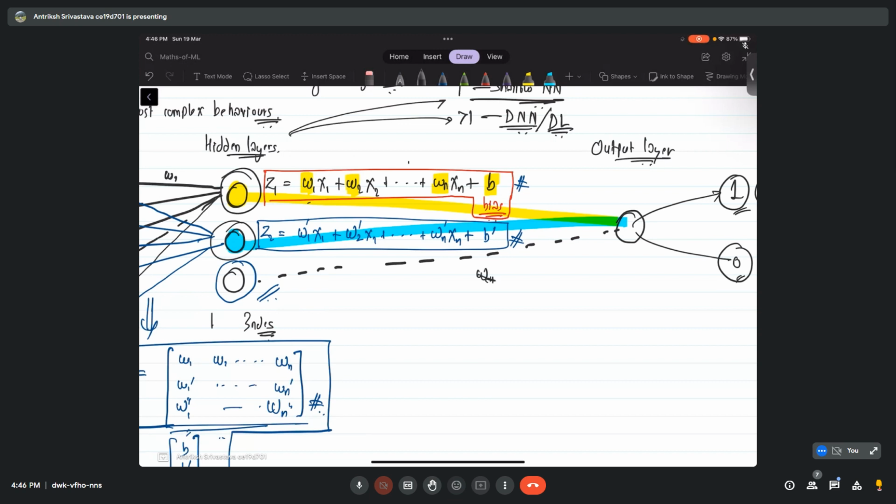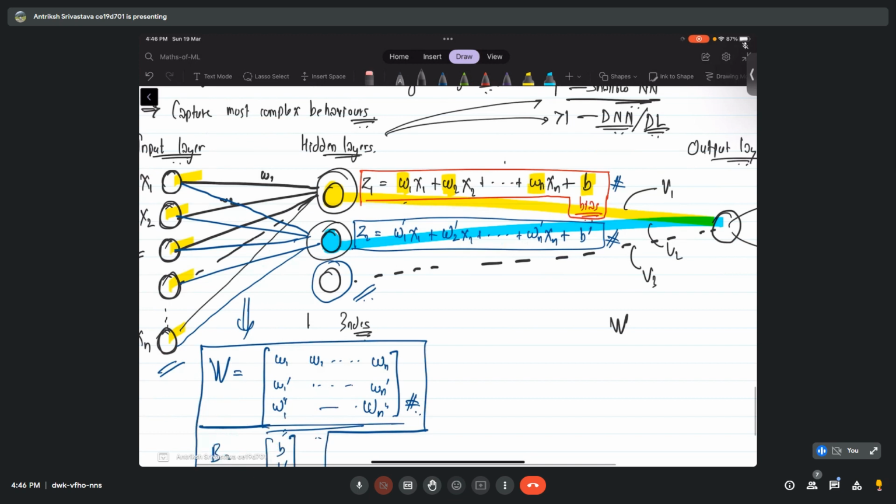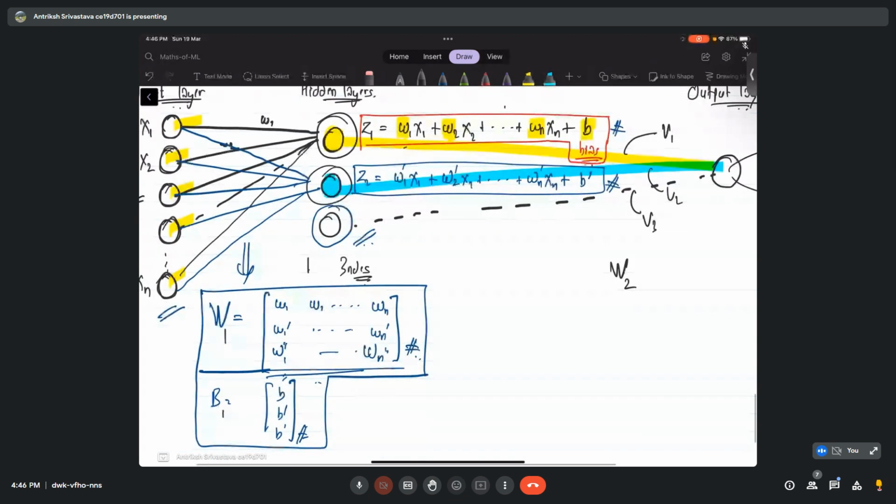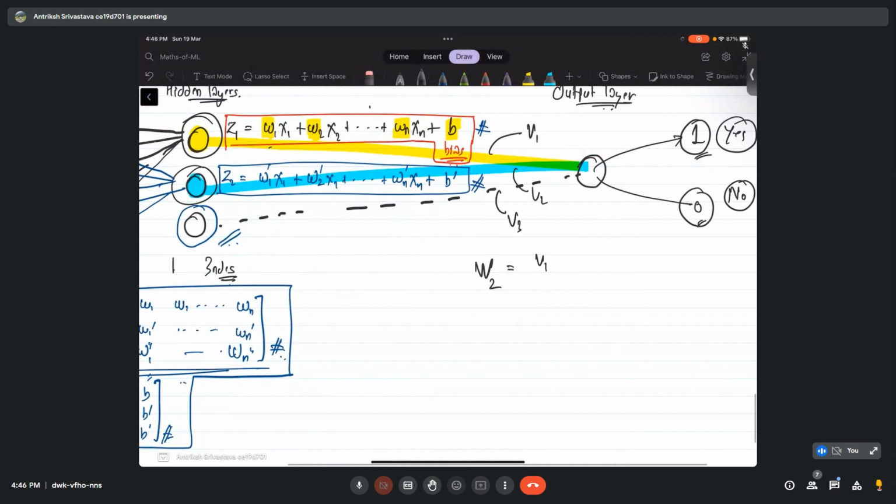The yellow will be W11, and the blue will be, let's call it not W but V1, V2 and V3. So this W2 matrix will be V1, V2, V3, and similarly B2 will be something like C1, C2, C3, the bias matrix and the weight matrix.